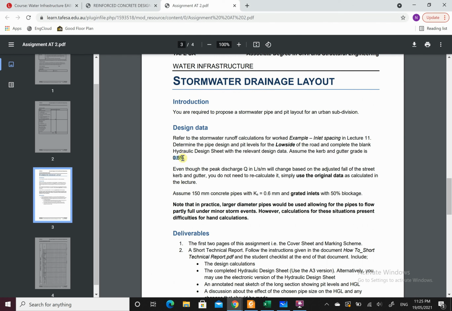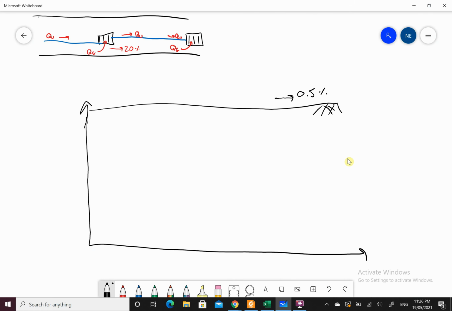Here, 0.5%. All right, these are your pipe works that you're using. So once you've worked these out, you can get your friction loss and other losses in there. So go back through your notes and you can find them. But looking at this 0.5%, what that means is if I have this point here as my RL of 100, my reduced level, if I have a pit sitting here somewhere, that's the lid coming down.